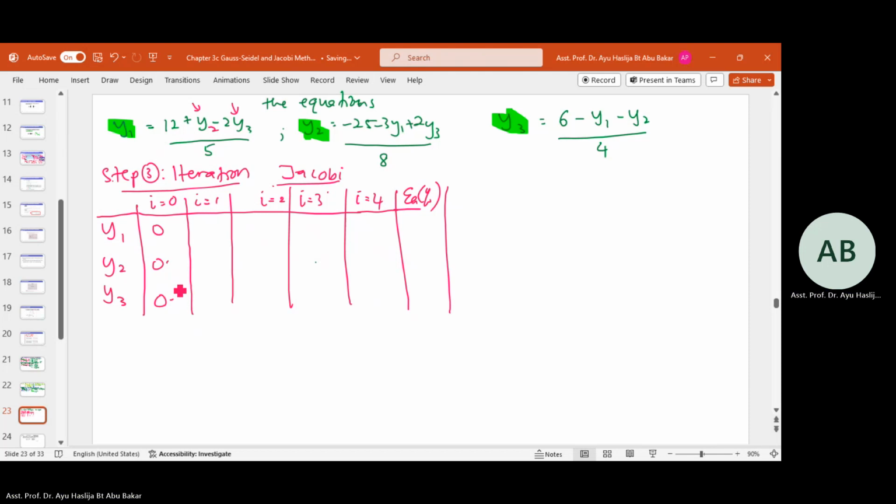Get it? To calculate Y1, you need Y2 and Y3, right? So this Y2 and Y3 come from the 0 value. Now by putting Y2, Y3 equal to 0, find out what is your Y1.